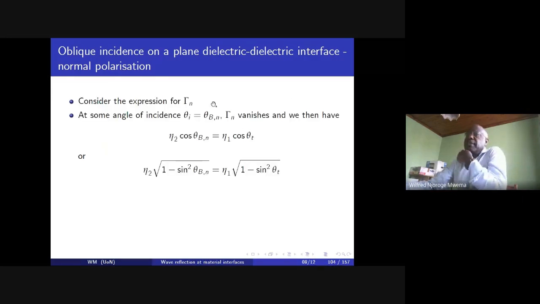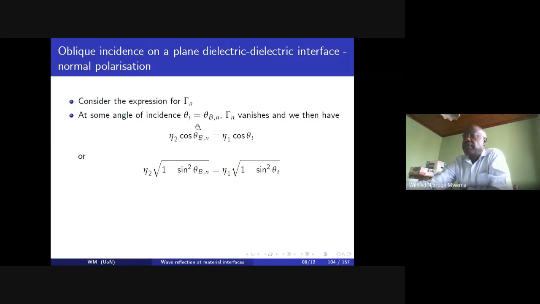So if we call that angle of incidence theta i, theta Bn, then gamma n will vanish, and we therefore have that eta 2 cos theta Bn is equal to eta 1 cos theta t. We can express this in terms of the sines because we know the relationship between them.